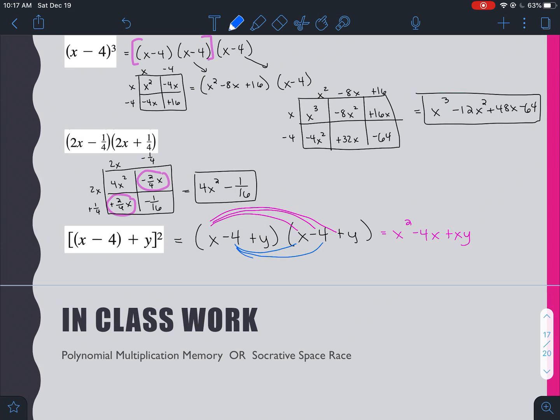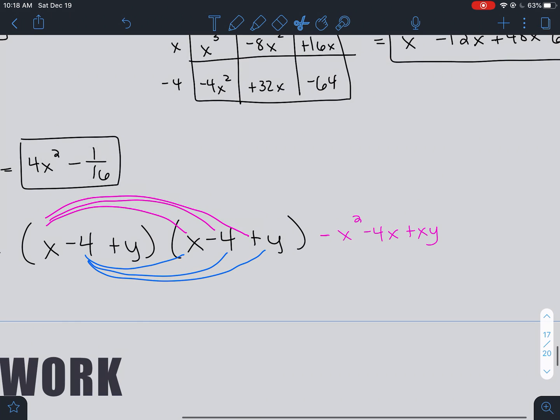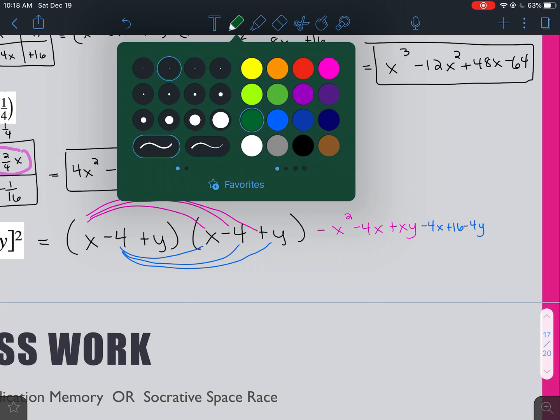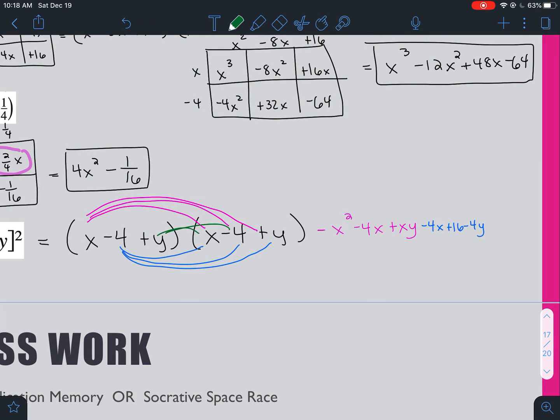And then I'm going to distribute the negative 4. So negative 4 times x, negative 4 times negative 4, and negative 4 times y. And so we get negative 4x plus 16 minus 4y.